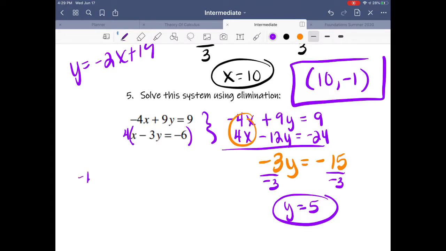Now that we have our y coordinate, we can plug that into either equation, does not matter. I used the top equation, and solve for x.